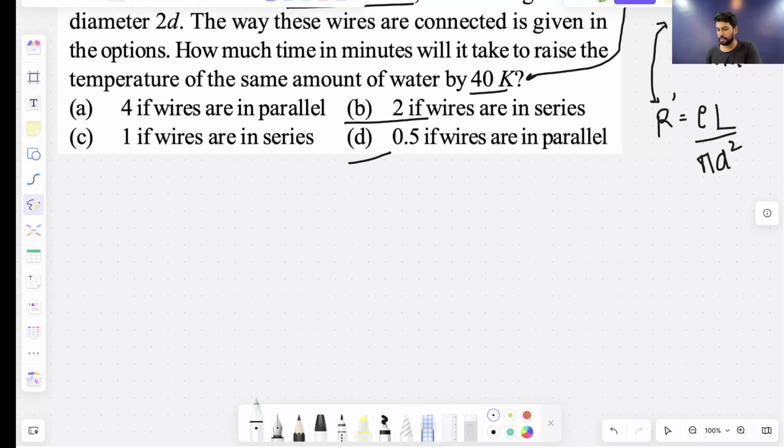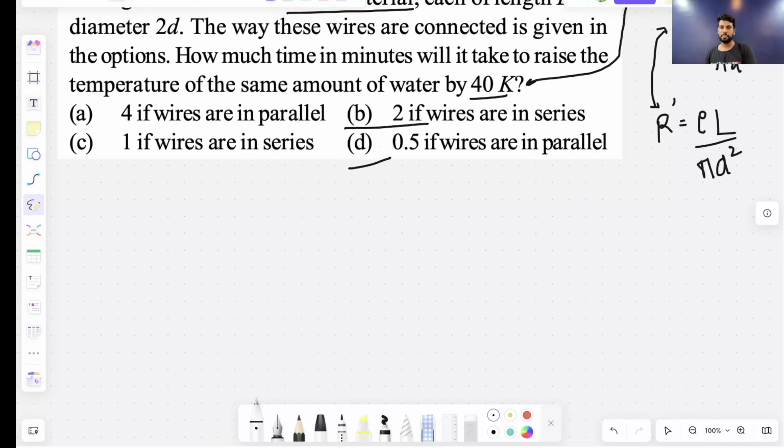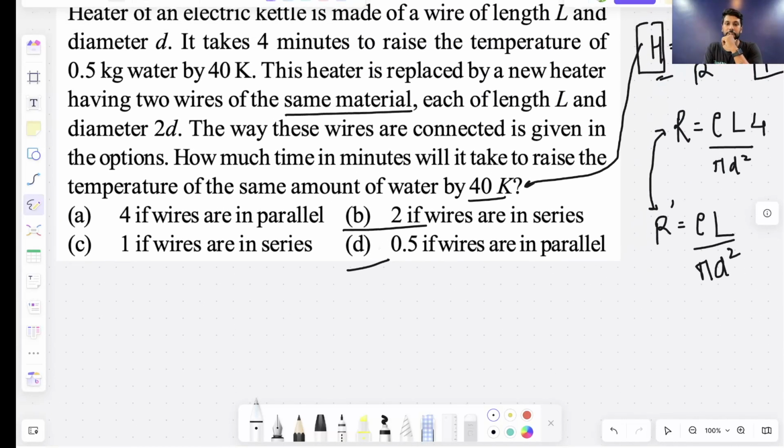Now you might be thinking why these have two answers. Yes, some of the JEE Advanced questions also have two answers. What is your agenda here when you are solving advanced questions? You need to do the hit and trial method sometimes. So in parallel and in series, in both the cases, I have my answers.